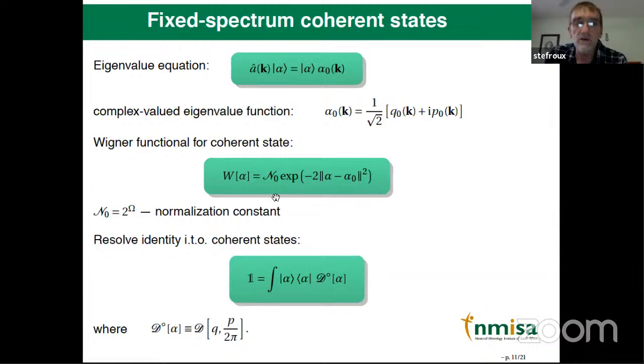And the Wigner functional for such a coherent state would be in this Gaussian form, but note that the argument is really an integral over functions, and it's not just complex variables. You can also then use these fixed spectrum coherent states to resolve the identity. In this case, the functional measure incorporates a 1/2 pi, which indicates that it's an overall complete basis.